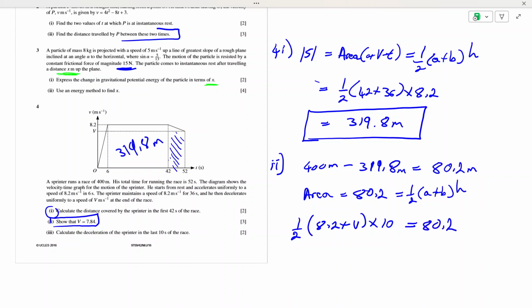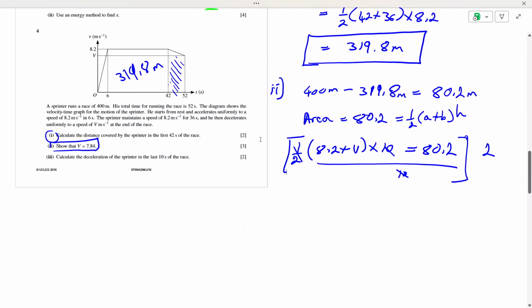When I simplify this side, I'll divide by 10 to cancel out this 10 here. Then I'll multiply by 2 to get rid of this half. So I'll have 8.2 plus V is equal to 16.04.